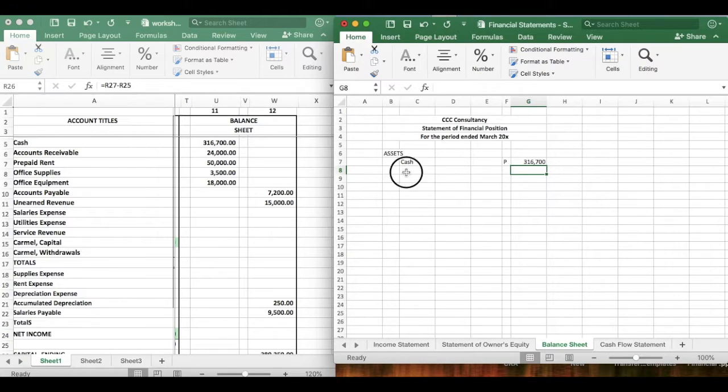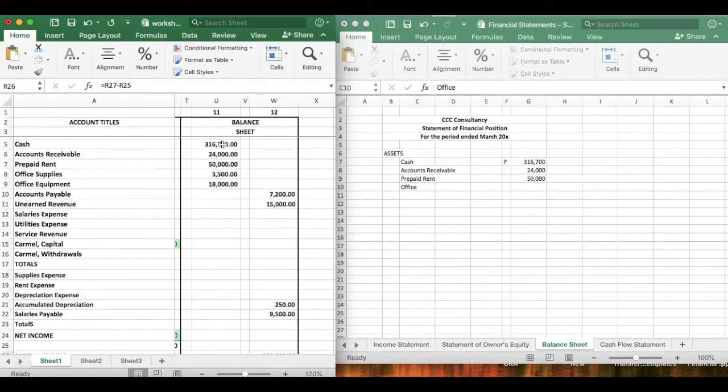Okay, then followed by accounts receivable of 24,000 under assets, right? Then we have prepaid rent. Again, I'm just looking at the worksheet. Prepaid rent of 50,000, because that's basically the purpose of the worksheet, to guide you in creating your financial statements. Office supplies.